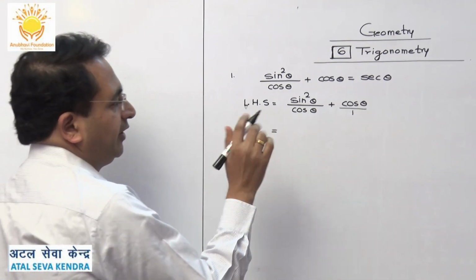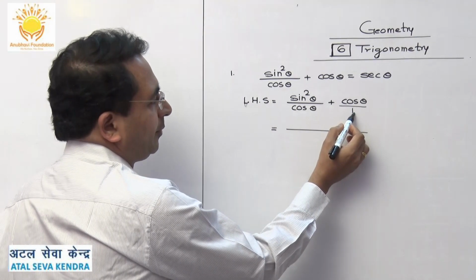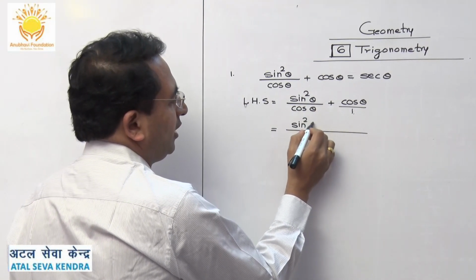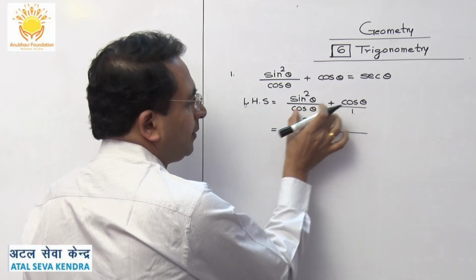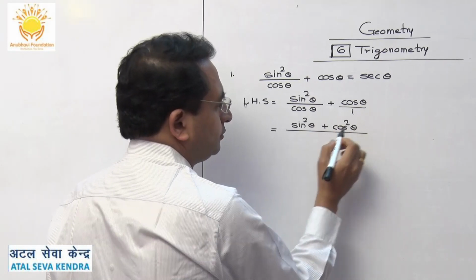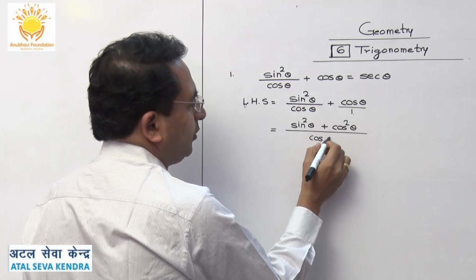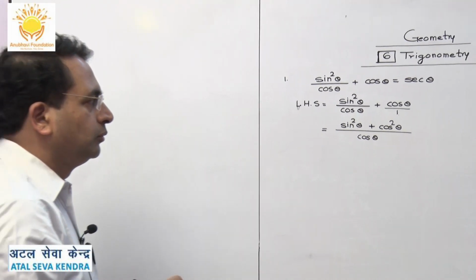Now we'll straight away cross multiply like what we do in algebra. 1 multiplied by this number, so it is going to be sine square theta. Plus, when you multiply this, the answer is going to be cos square theta. Upon the product of these two, that is going to be cos of theta. Is it clear to you?